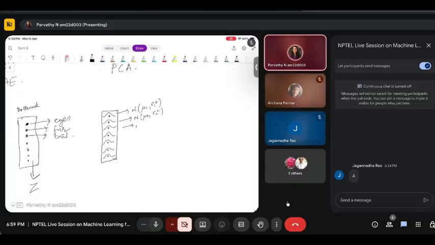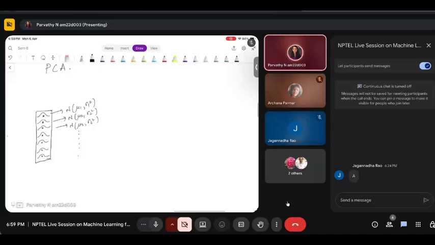This will have mu3, sigma 3 square, etc. So now this together is a multivariate distribution. That is, it consists of multiple parameters: mu1, mu2, etc. up to mu10, and sigma 1 square, sigma 2 square, etc. up to sigma 10 square. So this is a multivariate distribution.